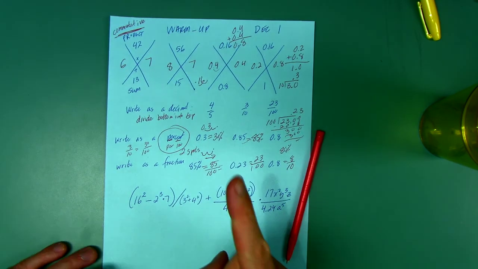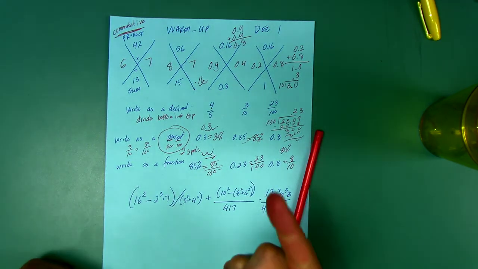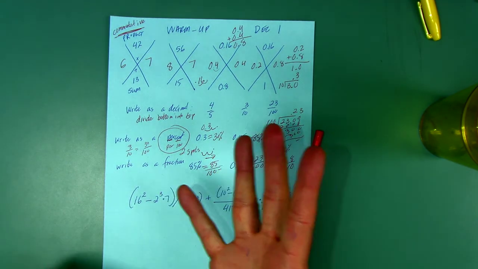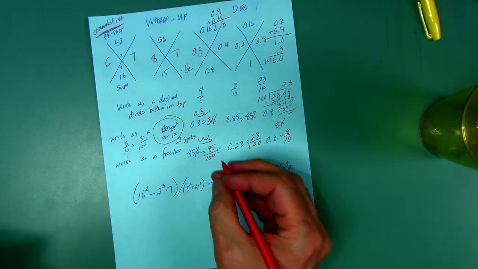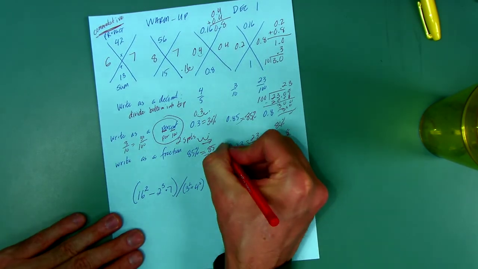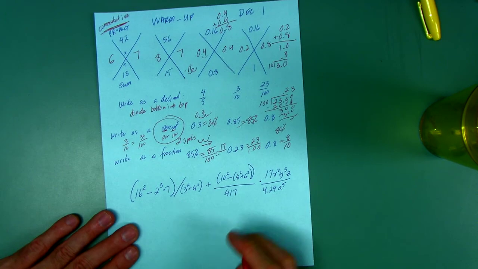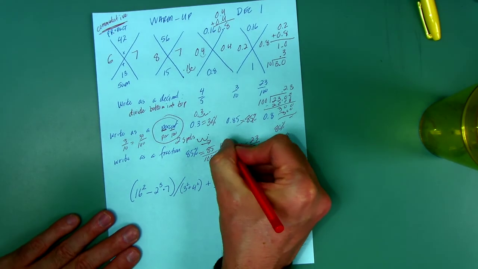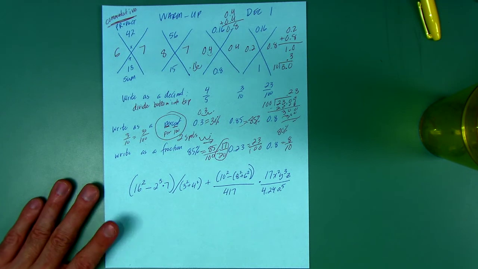Well, you can count 5, 10, 15, 20, 25, 30, 35, 40, 45, 50, 55, 60, 65, 70, 75, 80, 85. 17 times, right? So 5 goes into 85 17 times. How many 5's go into 100? 20. 85% is the same as 17/20.